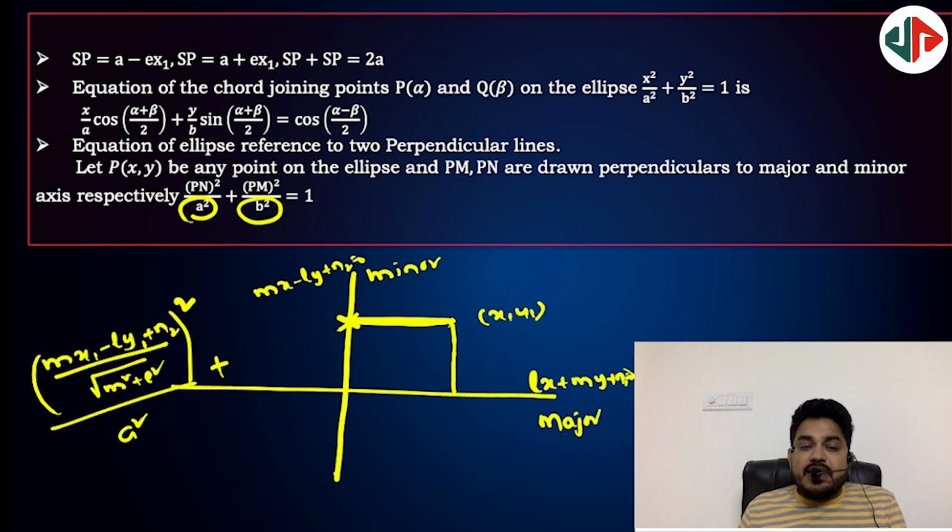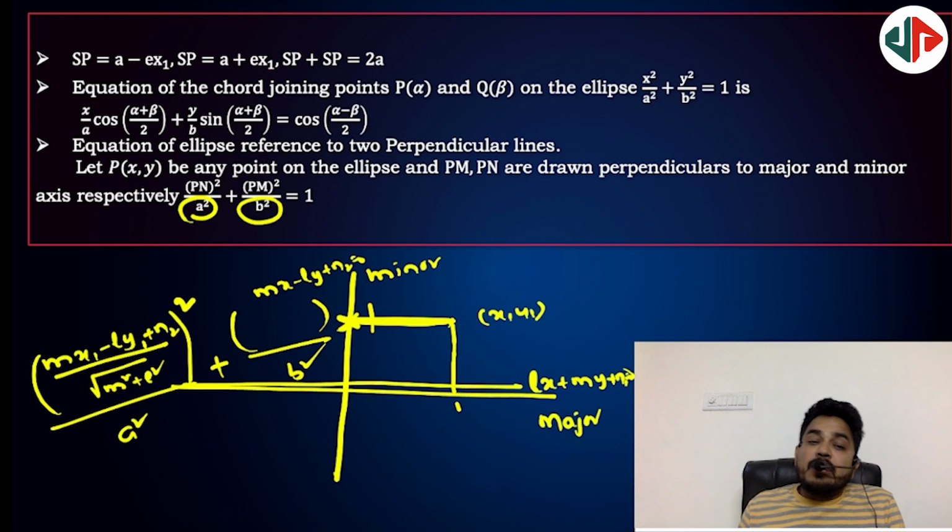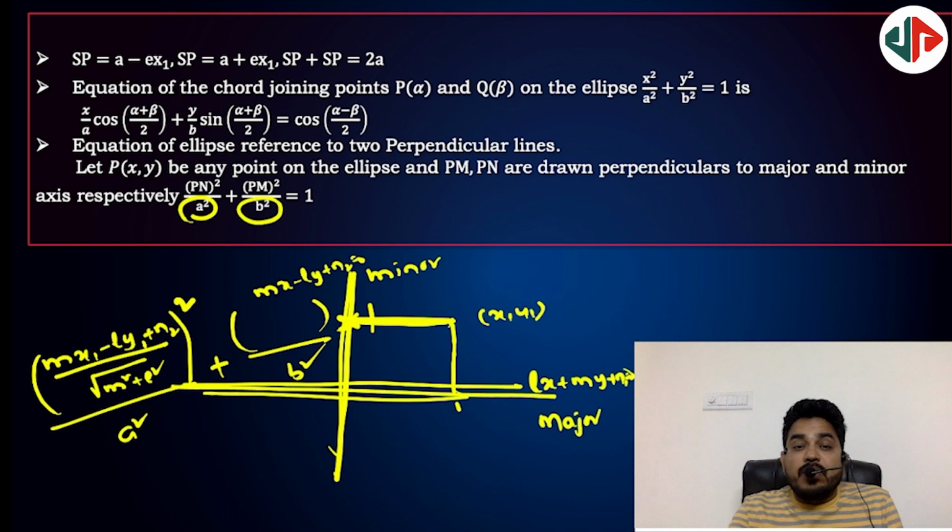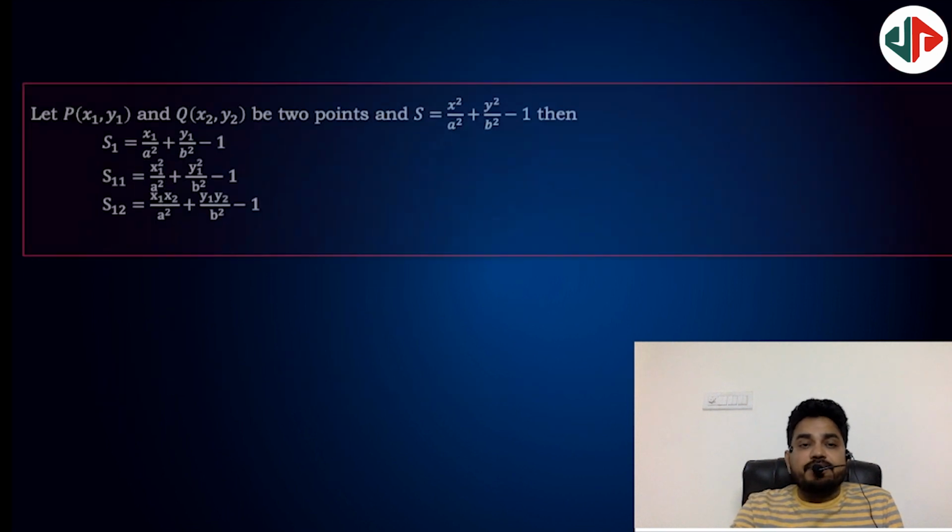So minor axis first, major axis next, and this one by b square is equal to 1. You are going to get the equation of the ellipse when they have given two mutually perpendicular lines: one is the major axis and another one is the minor axis.